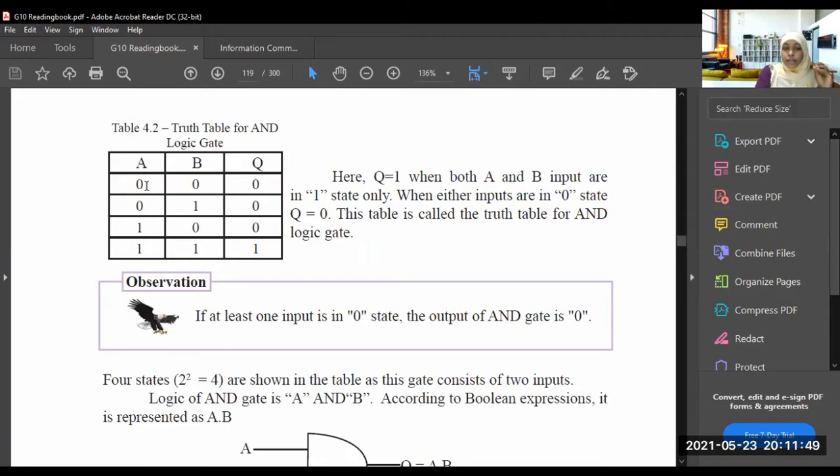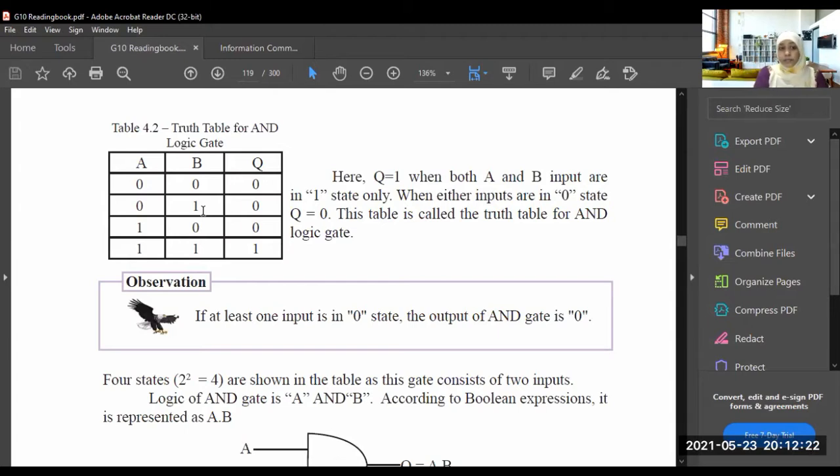So if A is 0, that means the switch A is not switched on, and B is 0, then the output also will be 0. The bulb won't work. If A is 0 and B is 1, if A is switched off and B is switched on, the bulb will also be off, right?